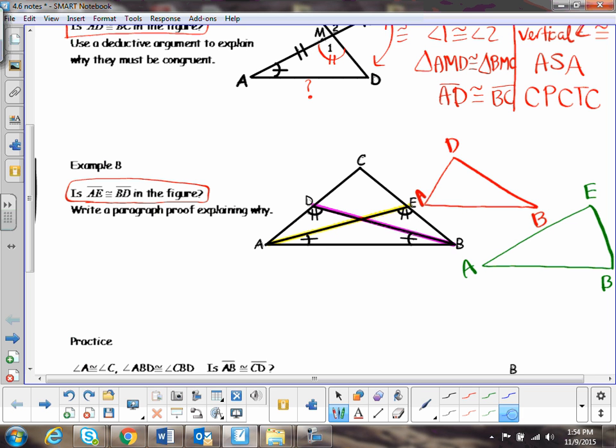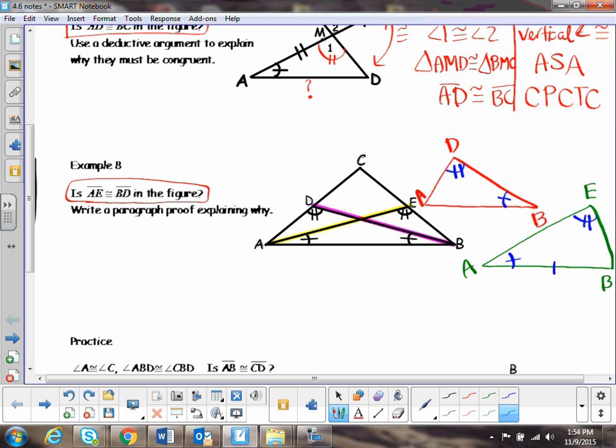Now let's mark these triangles up with what they gave us. Here's the 2 tick mark angle. That one is congruent to that one. And then the A, 1 tick mark there. And there's something else that's congruent that they didn't mark for us, so we have to mark it ourselves. Which one? The bottom side, right?